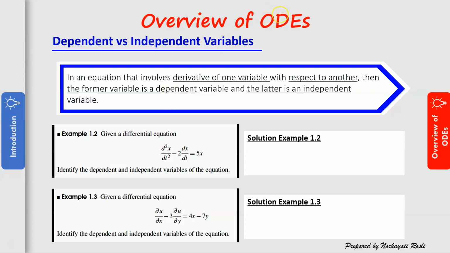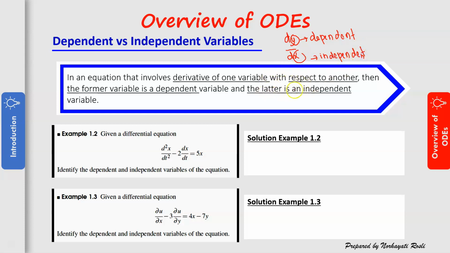If let's say I have dy/dx, in this case the equation involves the derivative of variable y with respect to another variable x. The former variable, y, we call the dependent variable, and this x we call the independent variable.